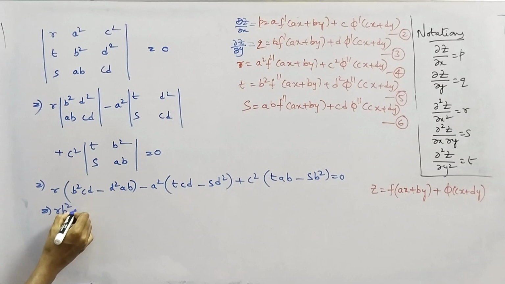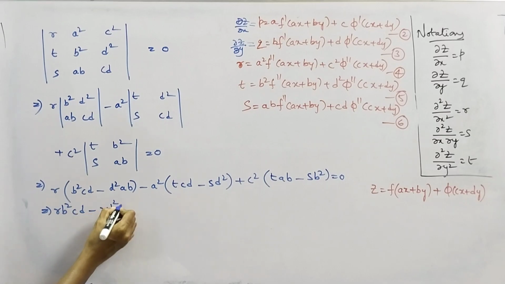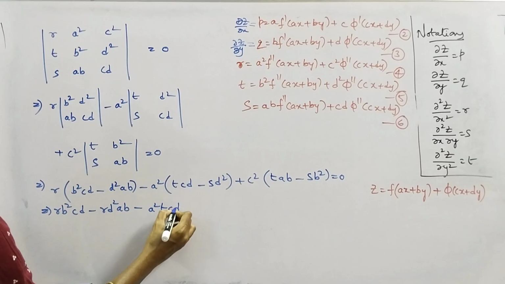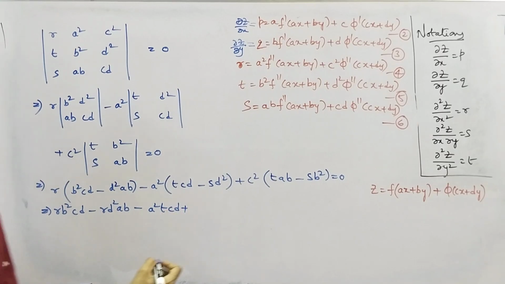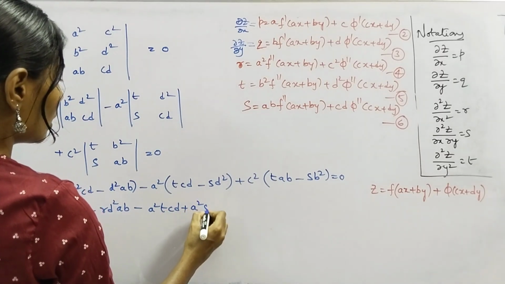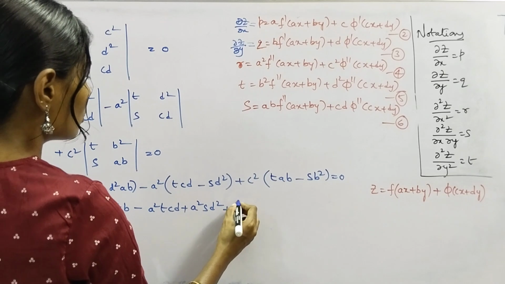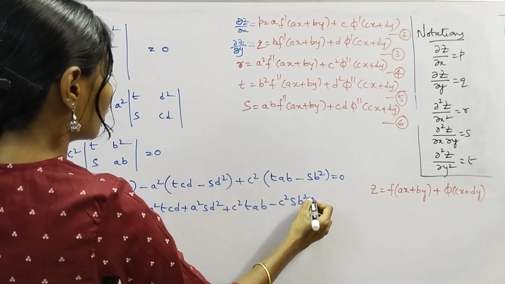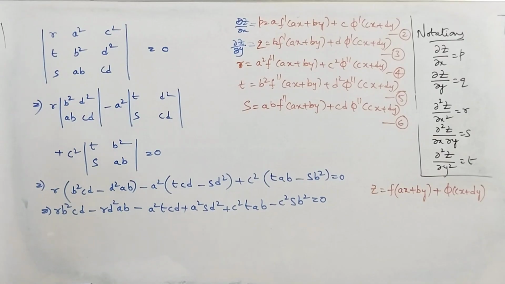We'll get rb²cd − rd²ab − a²tcd + a²sd² + c²tab − c²sb² equal to 0. Right? Fine.